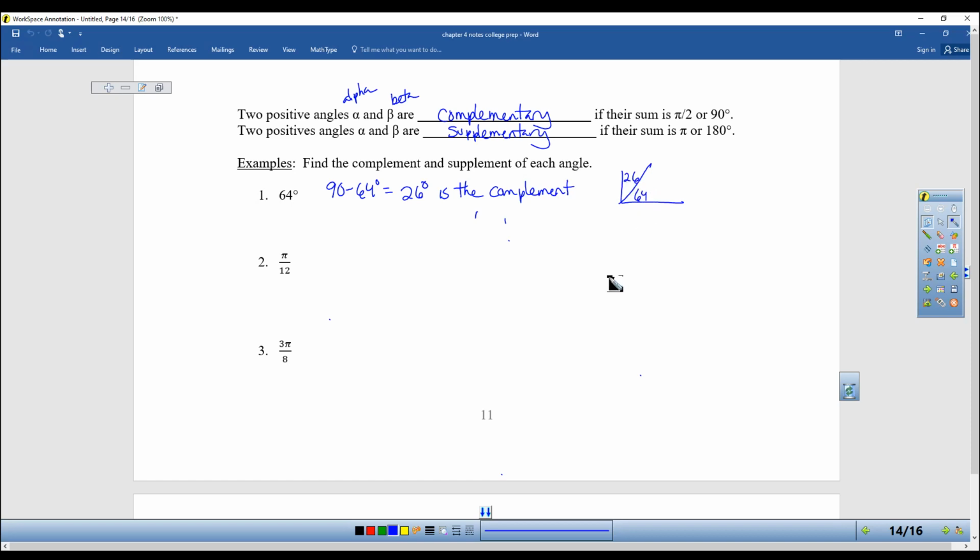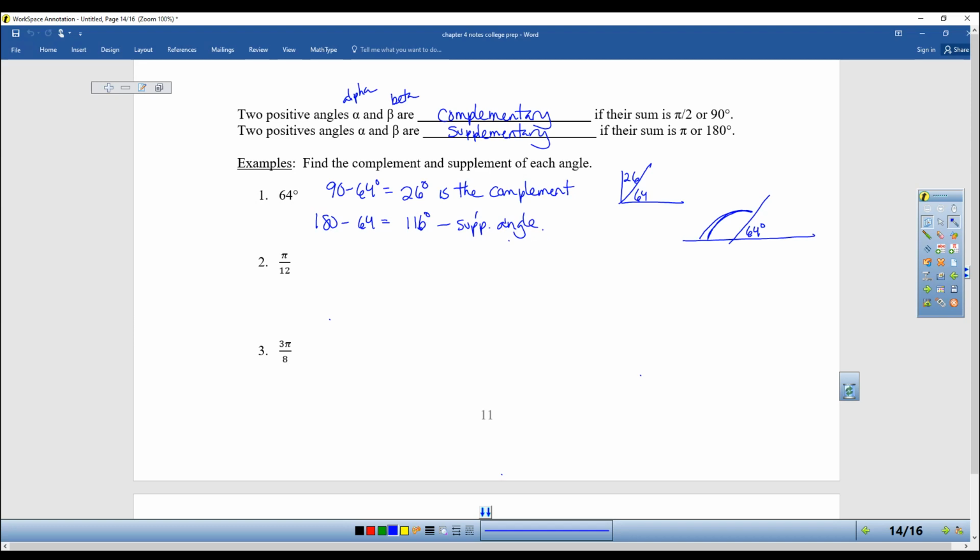They're called complementary. Supplementary is when 2 angles add up to 180. So if you have 64, this one is going to be supplementary. But again, you find it the same way. 180 minus 64 is equal to 116. So that is the supplementary angle.